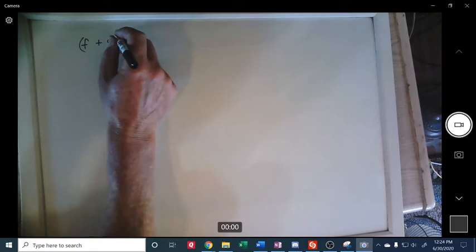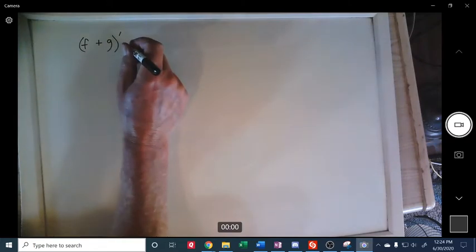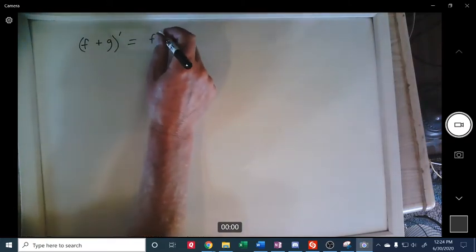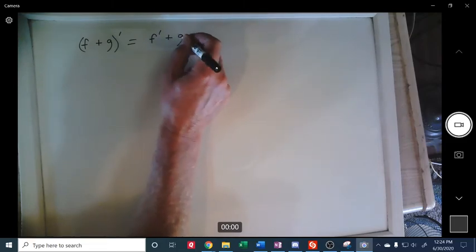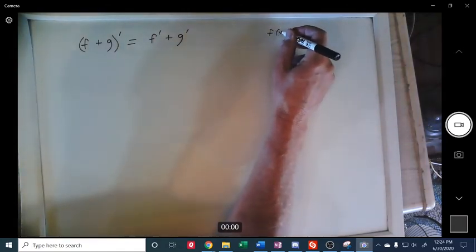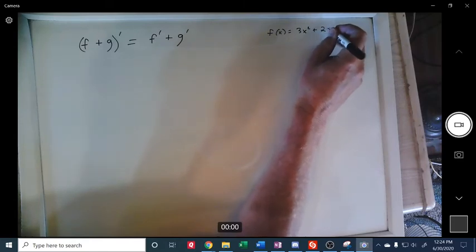If I have two functions that are added together, and then I take the derivative, well, that's easy. That's the sum of the derivatives. And we did that when we were doing things like f of x is 3x squared plus 2x.